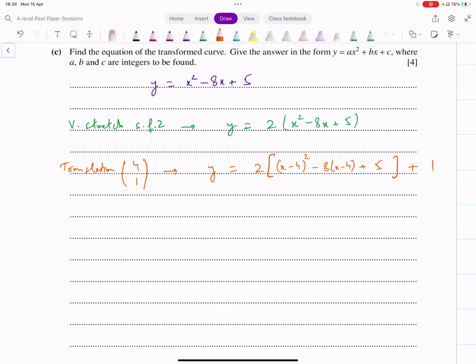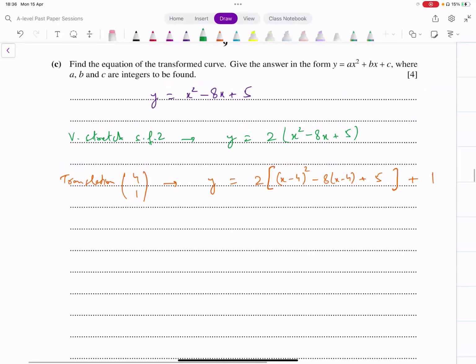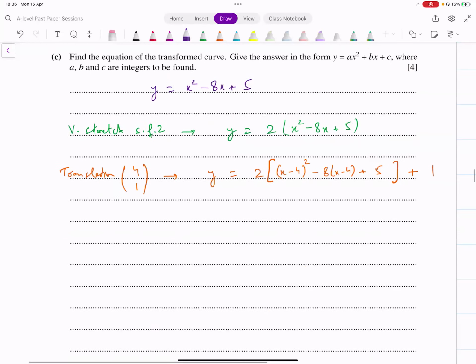And then you can write down the final result. They are basically asking you to write down the answer in this form. Now you can just simplify everything and see what that gives you. So you have 2 into x squared minus 8x plus 16 minus 8x plus 32 plus 5 plus 1.